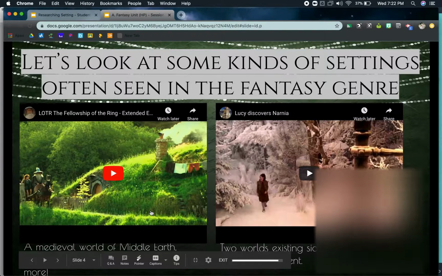There's a water power, right? So we know that within this realm, like, there's going to be some sort of magic, right? Gandalf says he's a wizard. So it introduces it to us. We get to understand it. Now let's take a look at another type of fantasy setting from Narnia. And this type of fantasy setting is when two worlds are existing side by side, but not really interacting with each other. Let's check this one out.